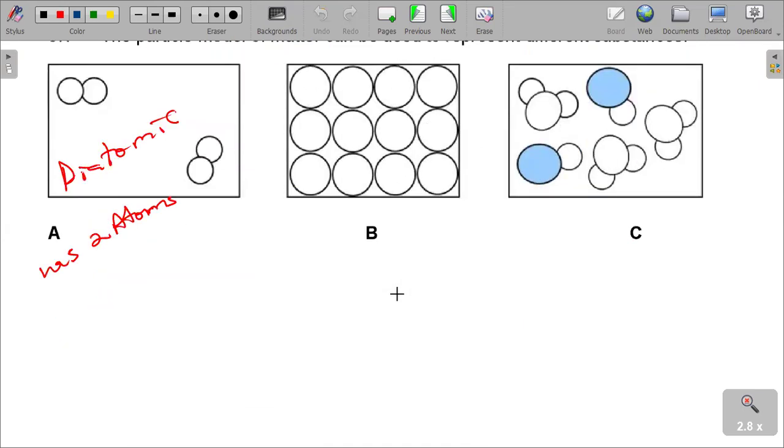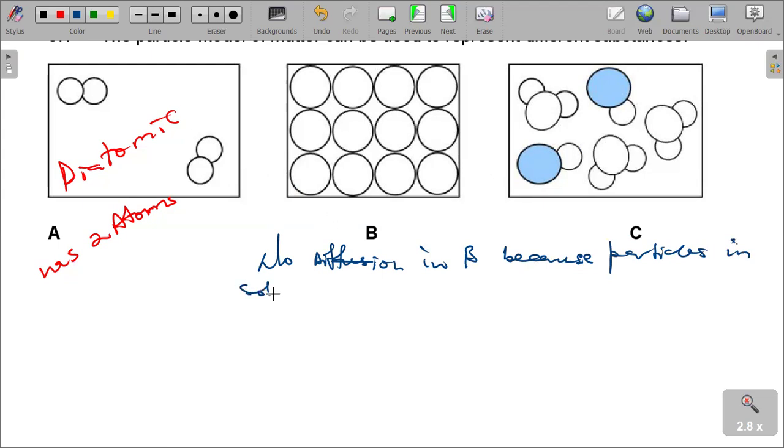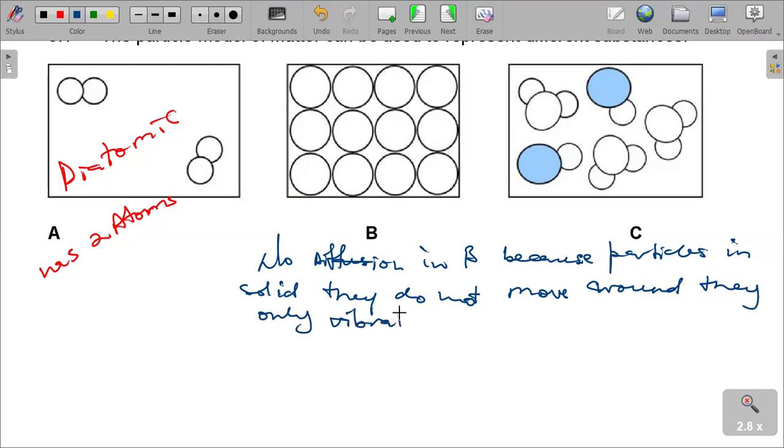There is no diffusion in B because particles in a solid do not move around. They only vibrate on the spot.